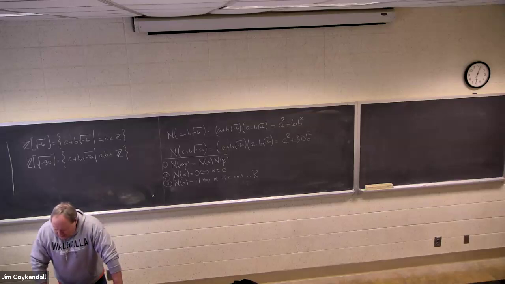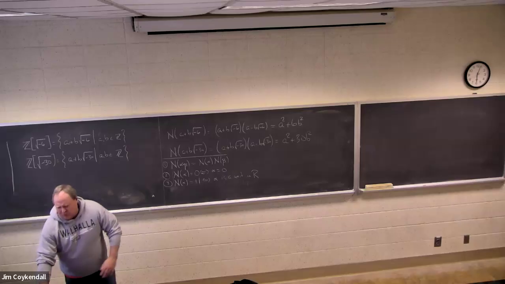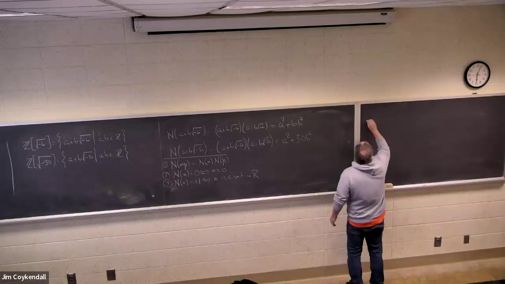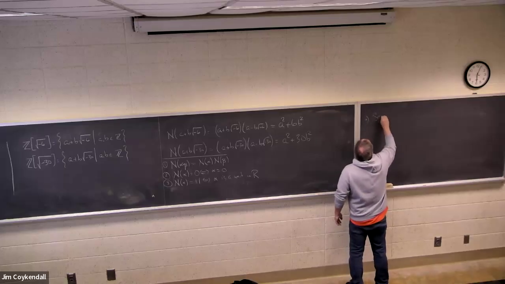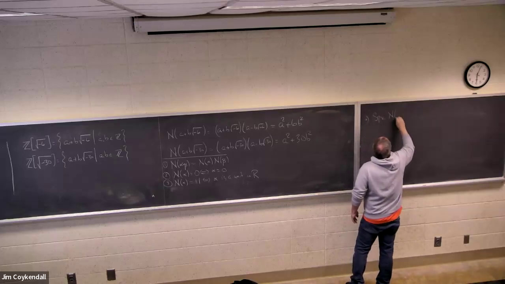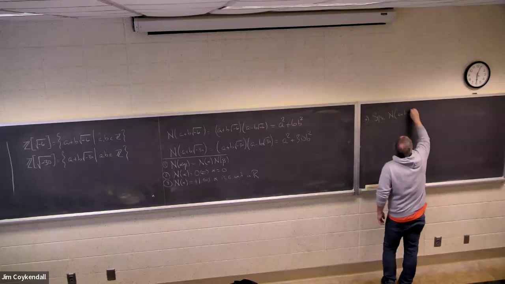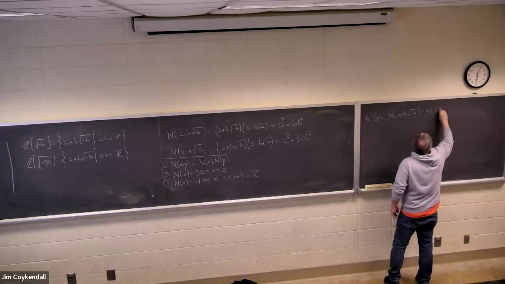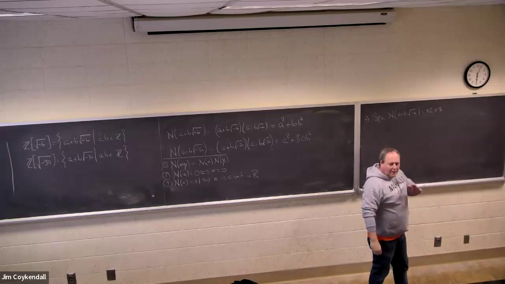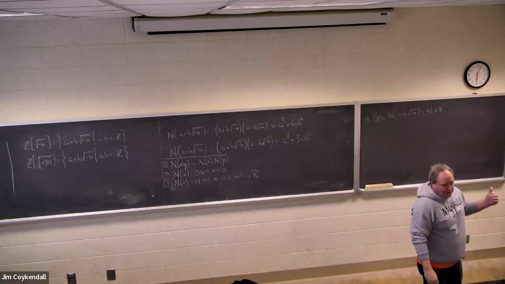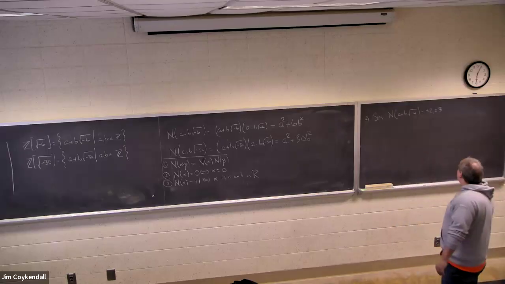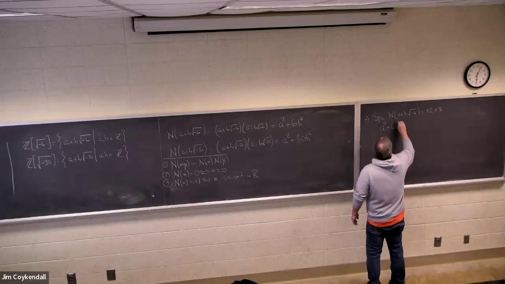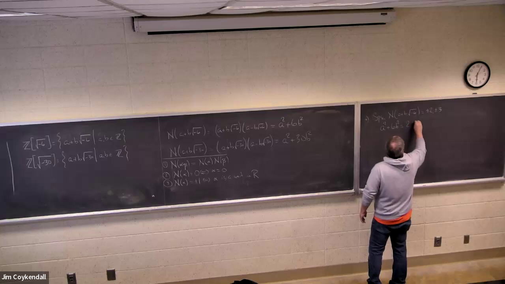Show that there's no element in Z adjoined radical -6 with norm plus or minus 2 or plus or minus 3. By the way, no way it's ever going to be negative, from the same argument. But this means that a squared plus 6b squared is equal to 2 or 3.